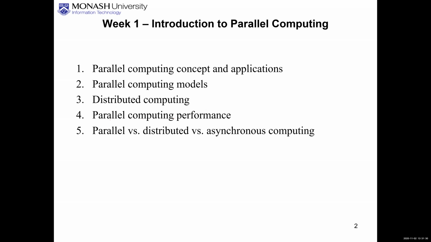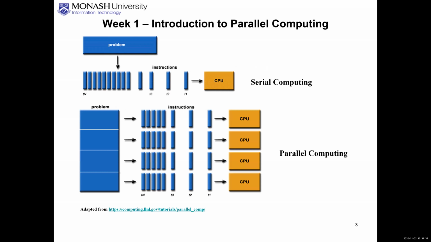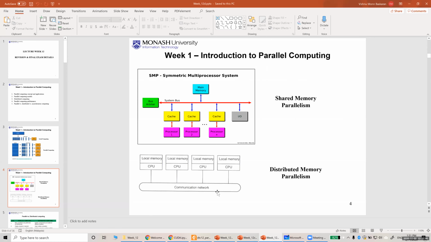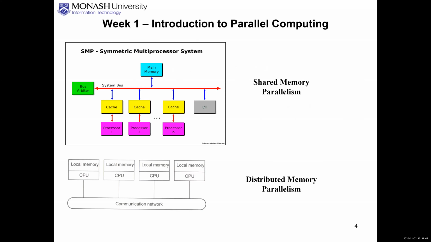So in week 1, we were introduced to parallel computing. Generally the idea of parallel computing is to break down a serial problem into a data parallelism problem. Then we compared shared memory parallelism. In shared memory parallelism, you have multiple processors within a single computer that have access to a common memory.